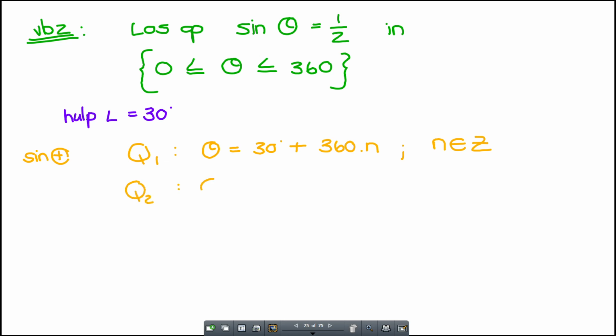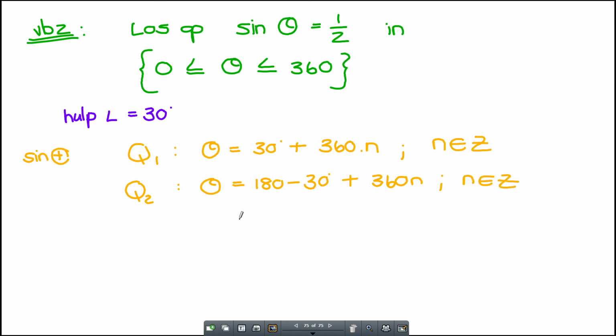Okay, quadrant 2. Gaan ek sê, theta is equal to. En in kwadrant 2 sê ons mos 180 minus, and then I use my little help angle, so 30, and again, plus 360n, n element of integers.